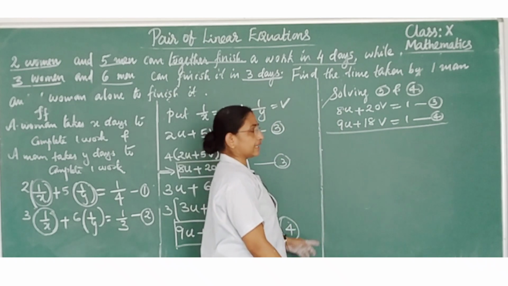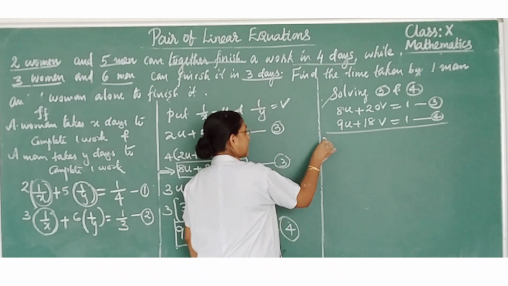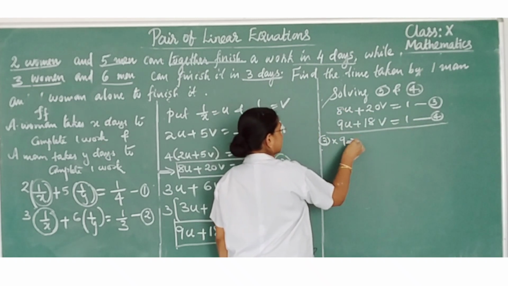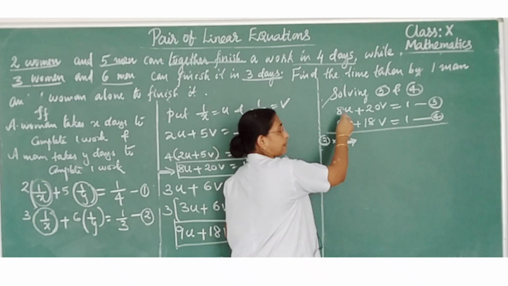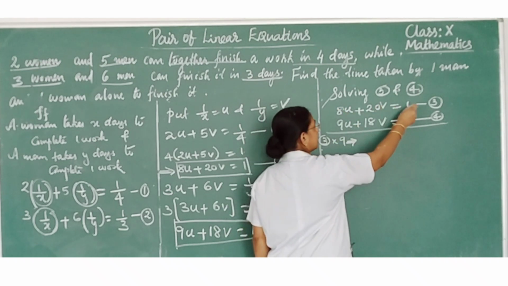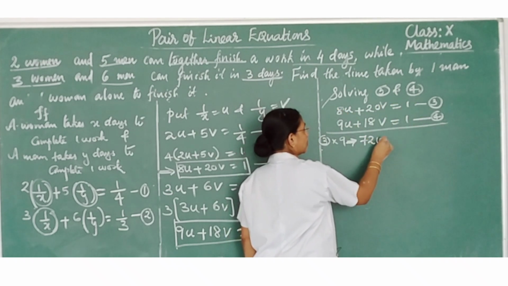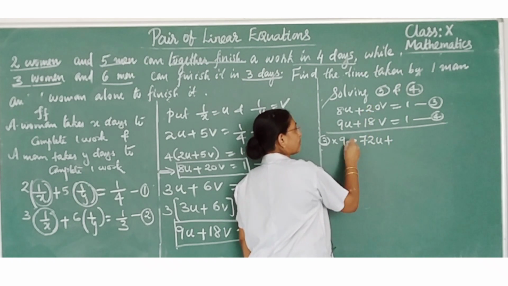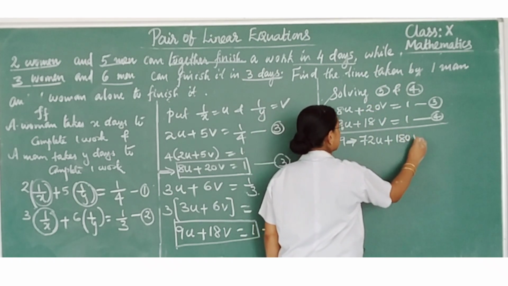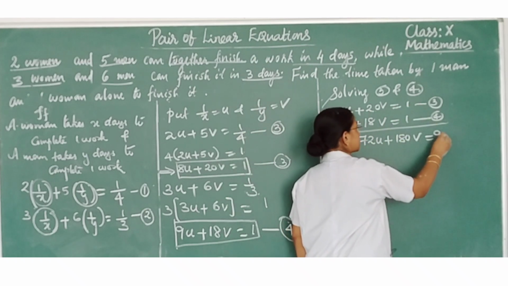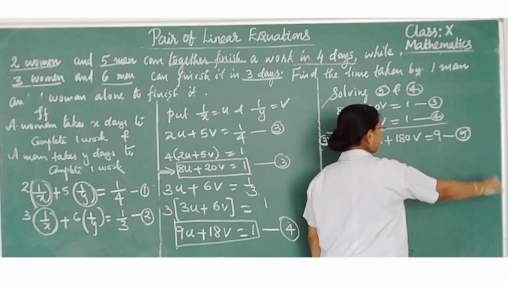I plan to eliminate U from these two equations. Equation 3 I am going to multiply with a 9 throughout. Multiply with a 9 means that you need to multiply here with a 9, here with a 9, here also with a 9. 9 into 8 is 72U plus 9 into 20, 180V equals 9 into 1 equals 9. This is your equation number 5.